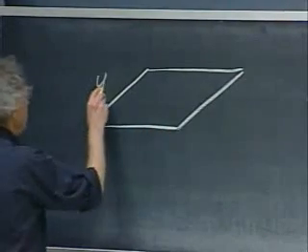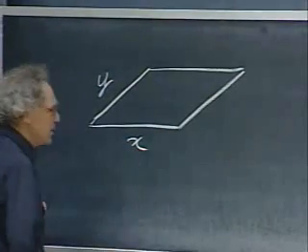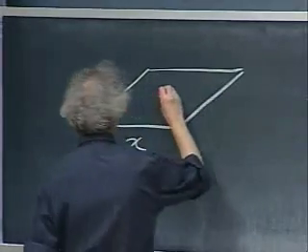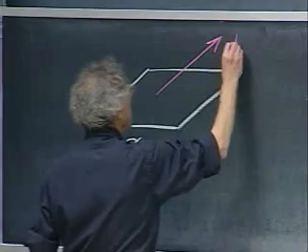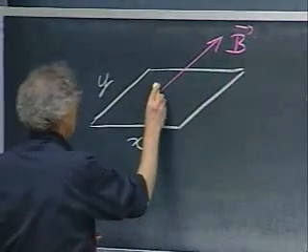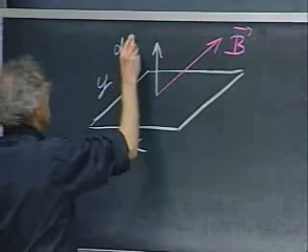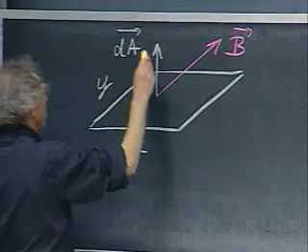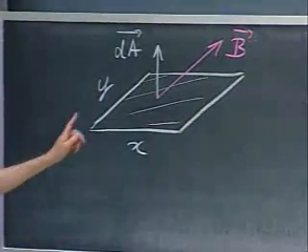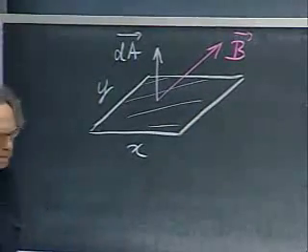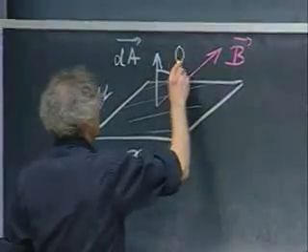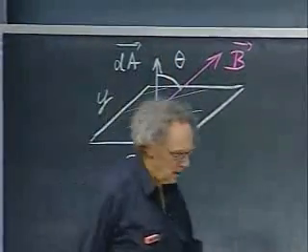Let the dimensions be y, x, and let there be a uniform magnetic field B like so, and I choose dA as the perpendicular vector to my surface. This is the surface that I attach to that closed loop. I choose it pointing up. And so the angle between dA and B, say, is theta, but B is uniform.